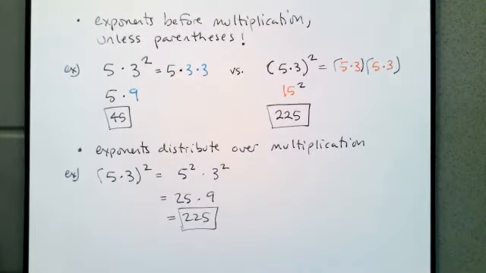Exponents distribute over multiplication. And division, because if it's good for multiplication, it's got to be good for division, except by 0.